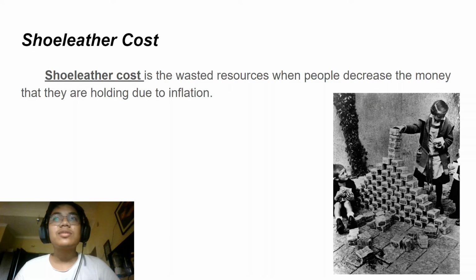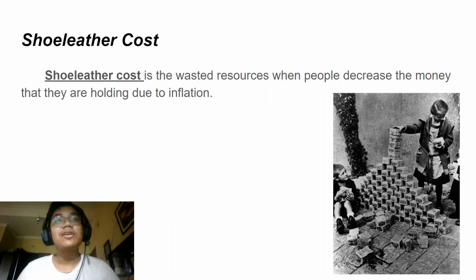They picked the word shoes leather cost because back in the day, during the beginning of all the economical stuff, businessmen wore leather shoes as a sense of wealthiness because they have money.